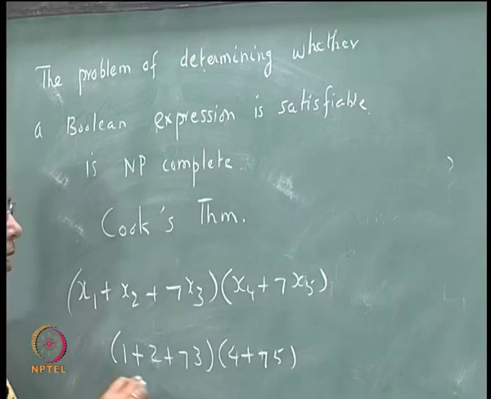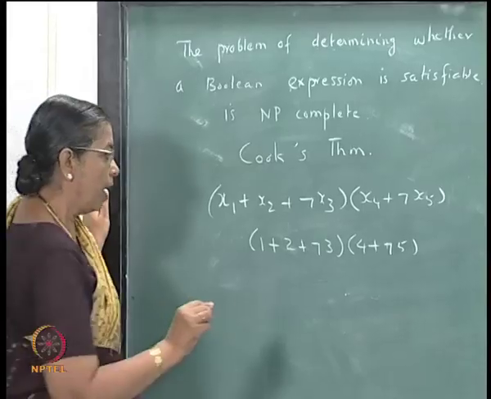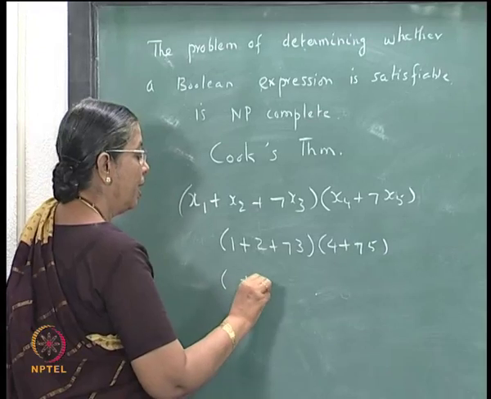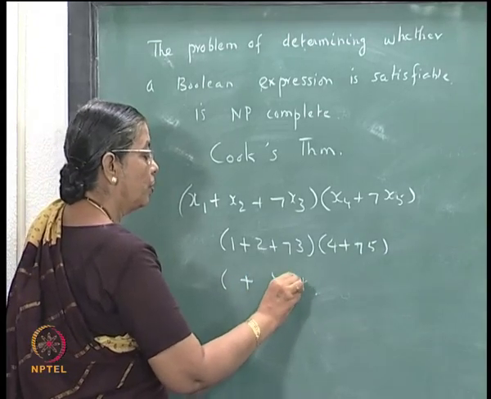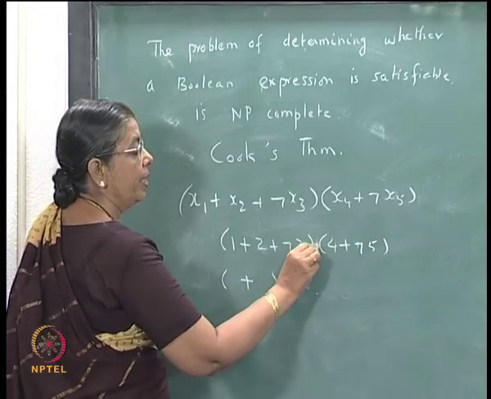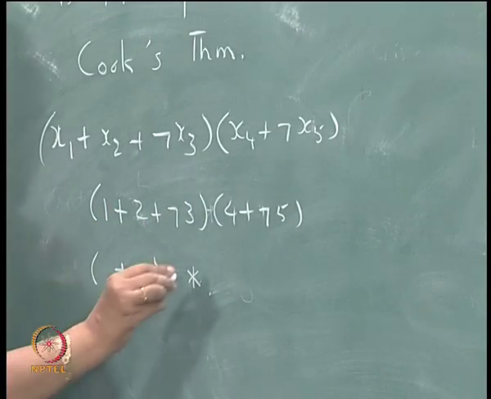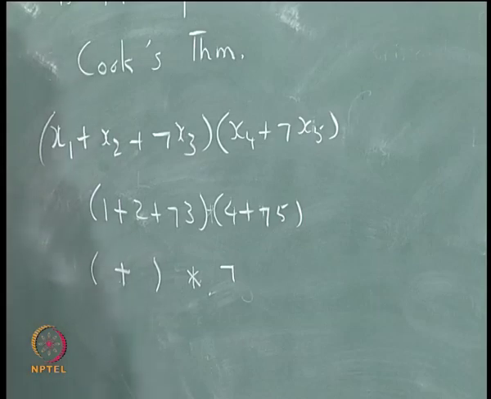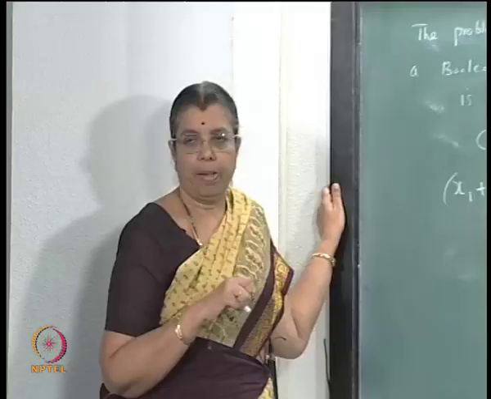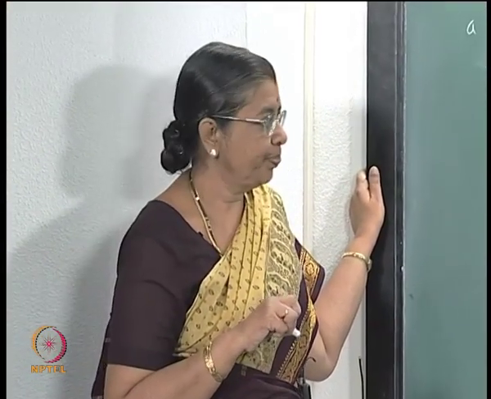The symbols you use are left parenthesis, plus, right parenthesis. For AND you use star, here star is omitted, for OR you use plus, then the not symbol, and the variables are represented by decimal numbers.